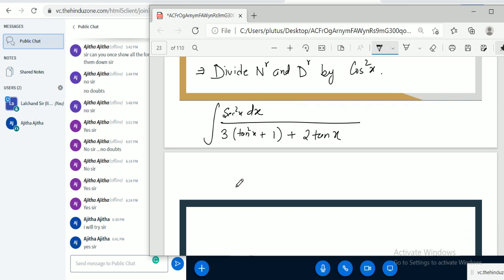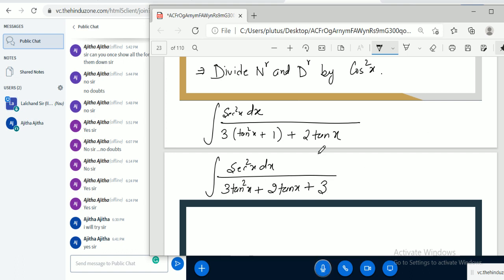Now if we simplify this equation, then this integral will be sec square x dx over 3 tan square x plus 2 tan x plus 3.